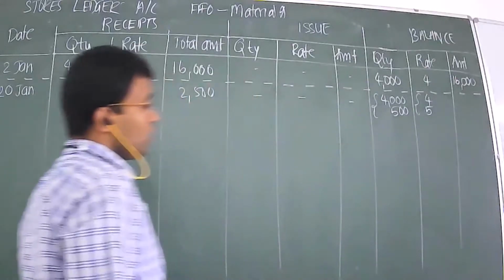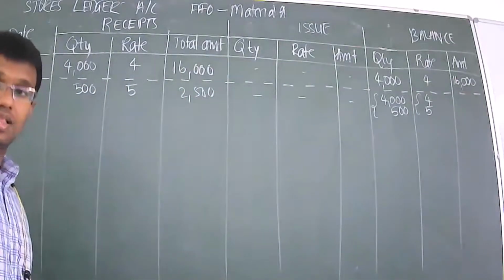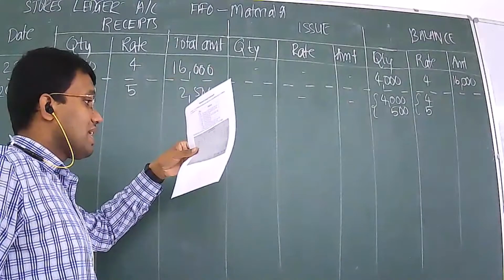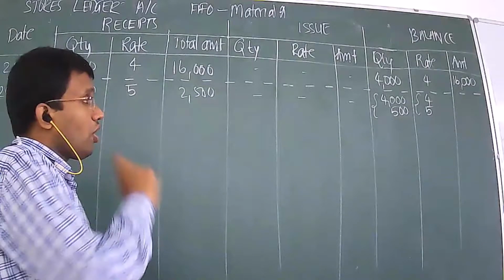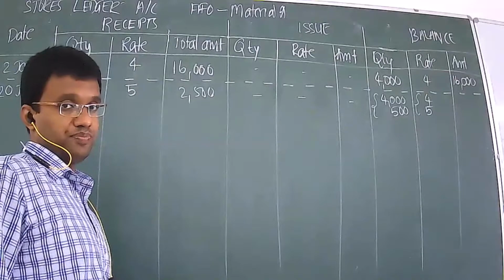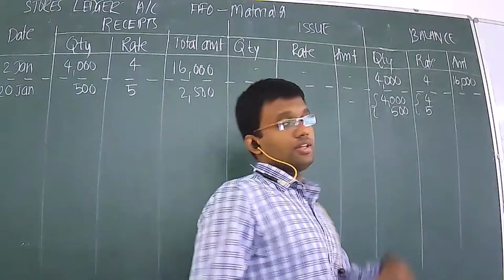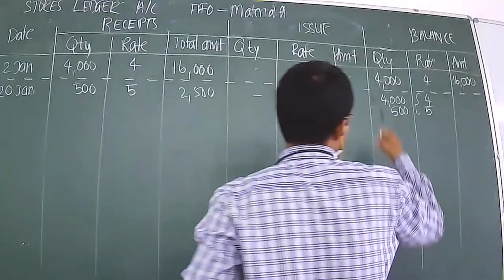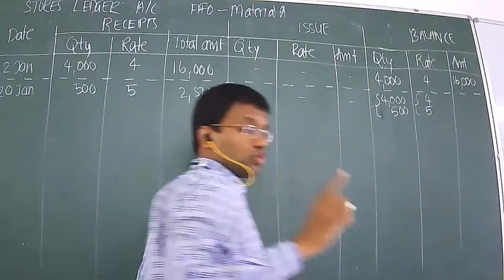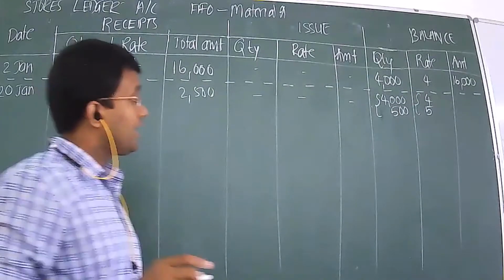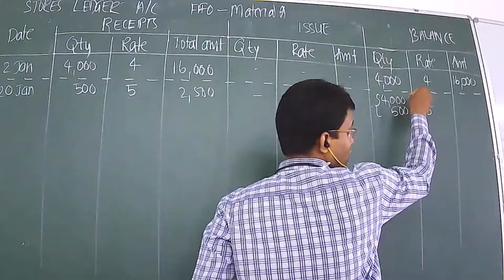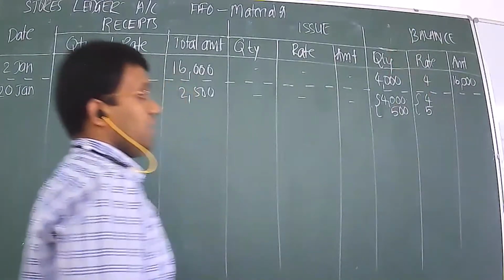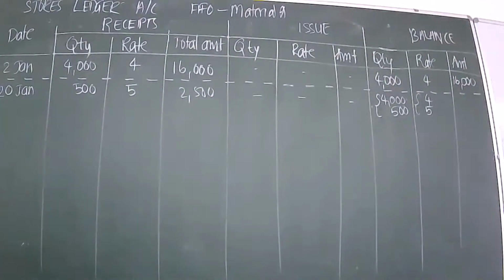Though we are talking about the same material, material A, it is important for us to record the balance as batches. Why? Because remember, we are following FIFO. According to FIFO, whenever you carry out an issue, you have to issue from the first batch. And which was your first batch? This was your first batch. That's the reason why it is mandatory for us to record in terms of batches.